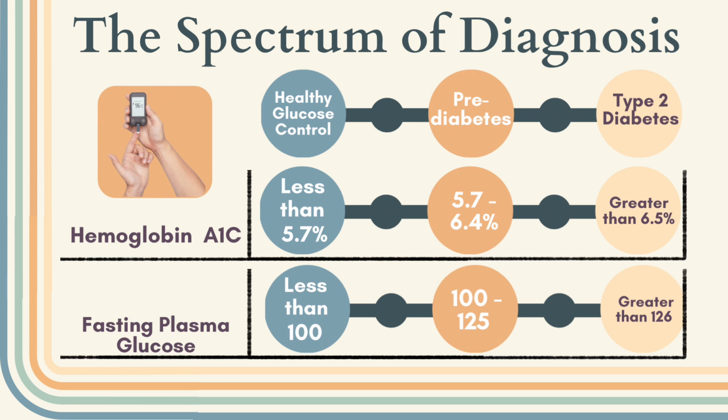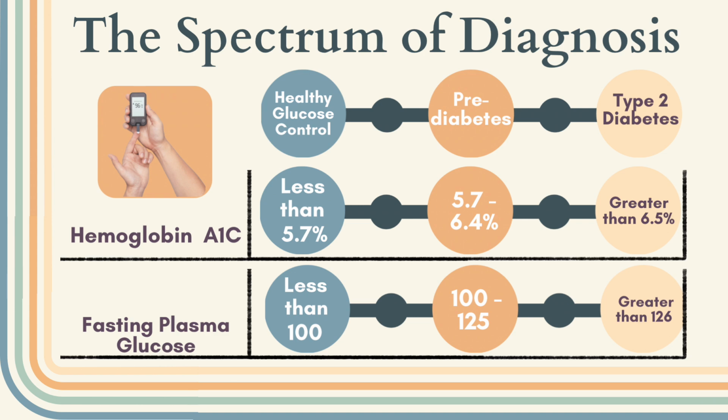The glucose will be the first number there. It's really important that you were fasting in order to consider those numbers valid. If it was not a fasting lab, those numbers being above 100 is not abnormal.